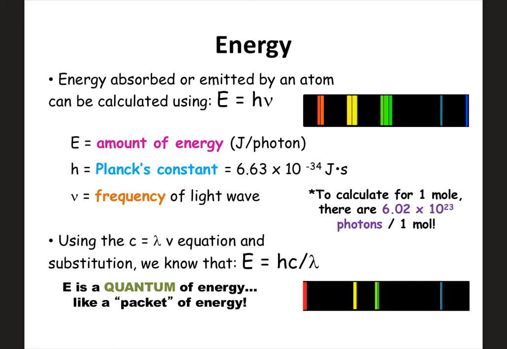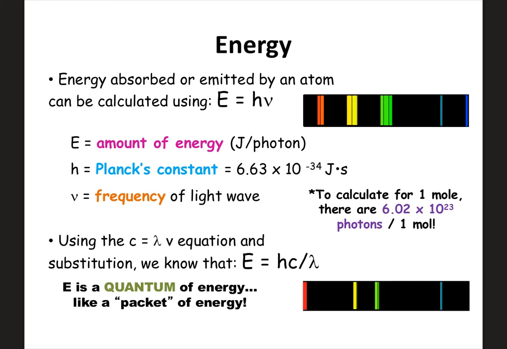So the other new thing here, besides we're calculating E in joules per photon, is they might ask you to calculate this for 1 mole. Well, we realize here that there's 6.02 times 10 to the 23rd photons for every 1 mole. Just like there's 6.02 times 10 to the 23rd atoms for 1 mole, there's 6.02 times 10 to the 23rd photons for 1 mole.